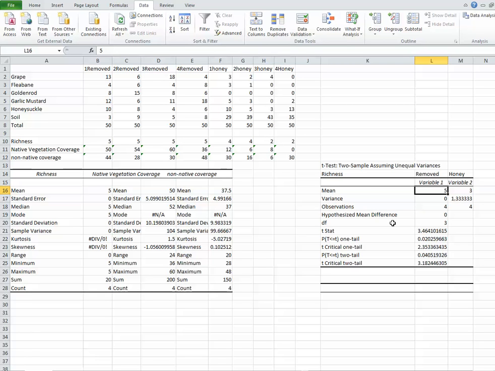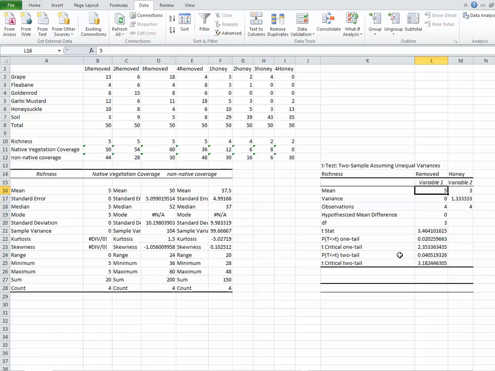The other things that we need to know here are the degrees of freedom, that's what DF is, and the T statistic. This is basically the output of the statistical test that was run on your data. And then the p-value. What we care about is this two-tailed p-value.